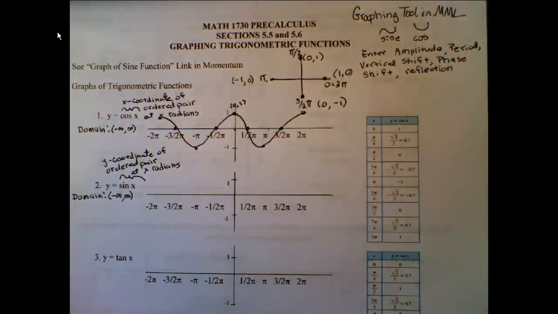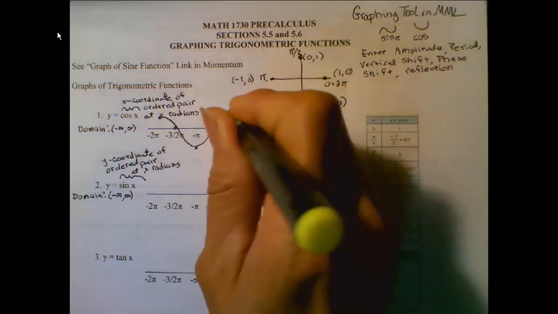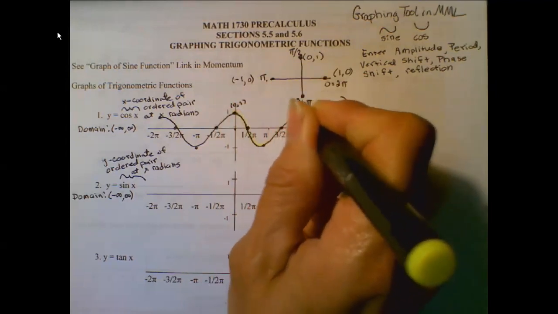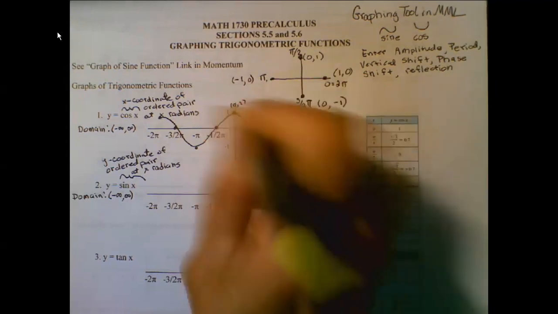And actually, that's called 2 periods of the graph of cosine, because 1 period of a trigonometric function is the interval that it takes for the function to do everything it's going to do, from +1 to -1 back to +1. So if I just ask you to graph 1 period of cosine, I could use this for 1 period of cosine.